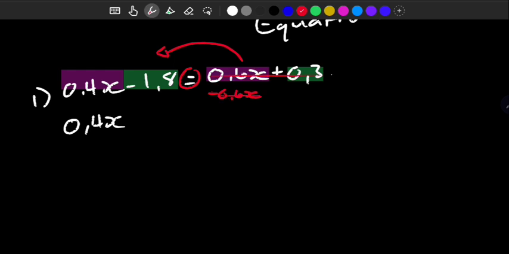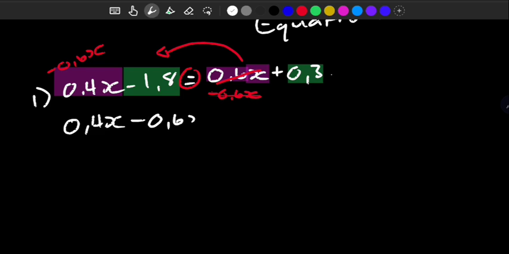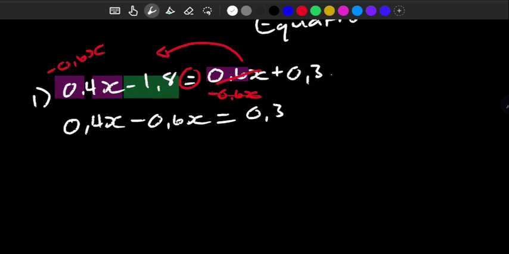And then you also bring minus 0.6x to this side also, right? So there we have minus 0.6x is equal to positive 0.3.